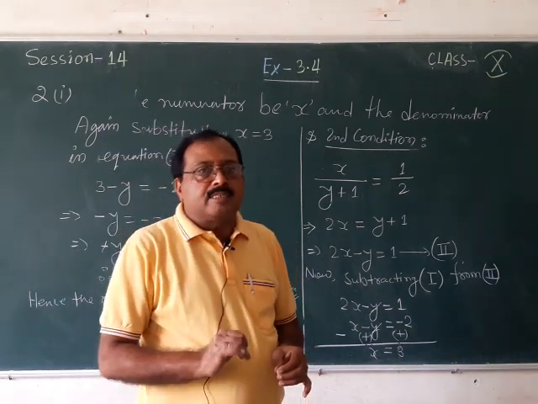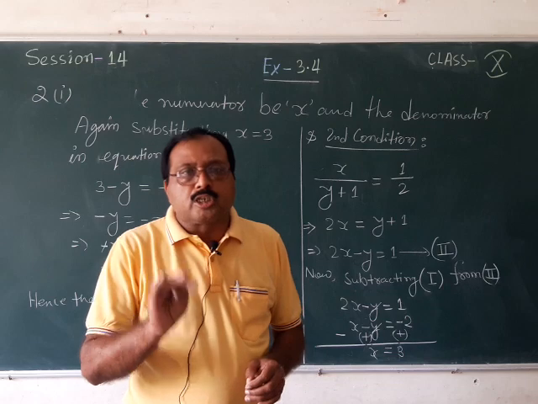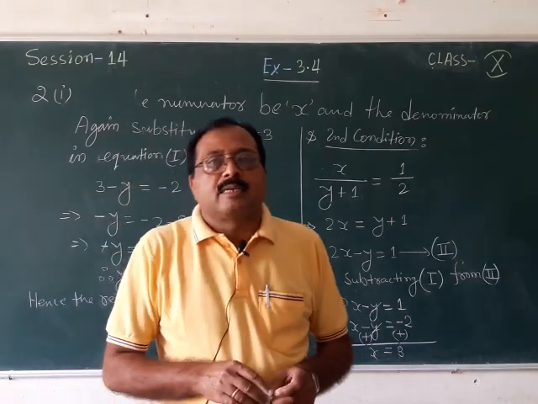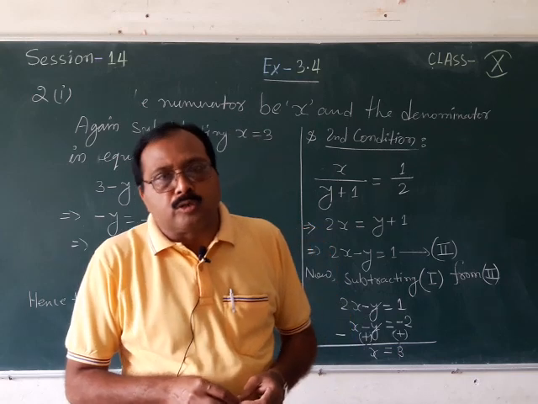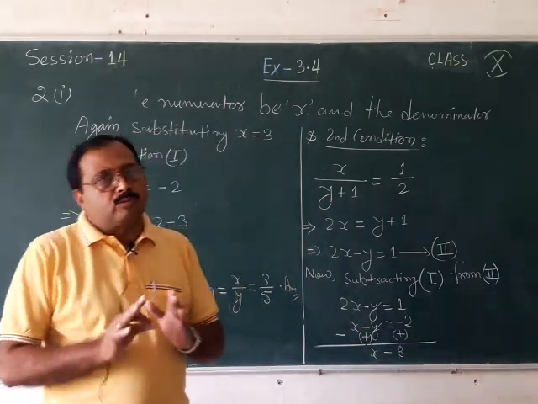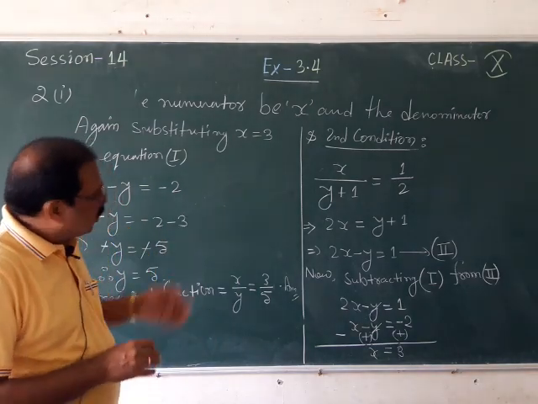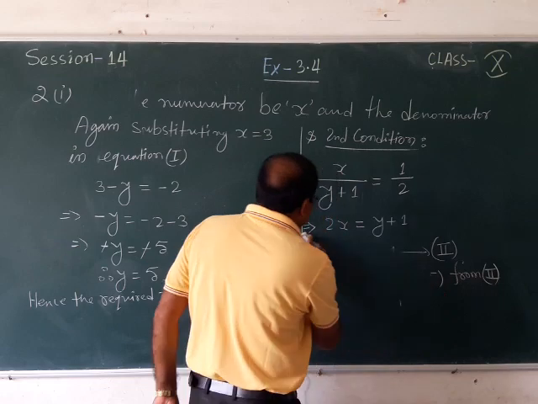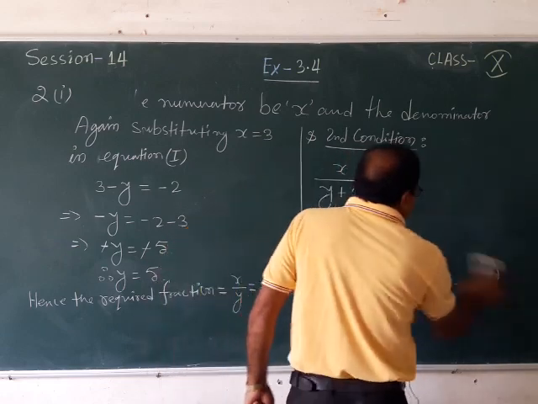And the third condition was a1 by a2 is equal to b1 by b2 is equal to c1 by c2. In this case infinitely many solutions exist. So keeping these three things in your mind, always you have to work here. So you just copy down. This was the solution of question number 2.1.